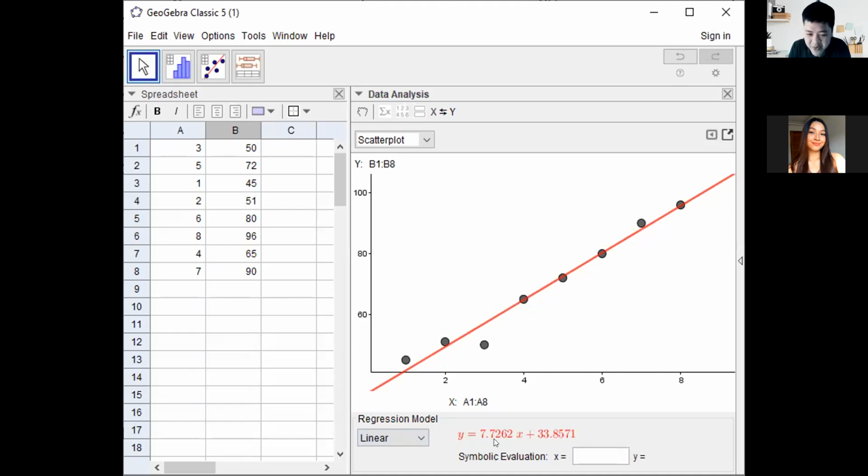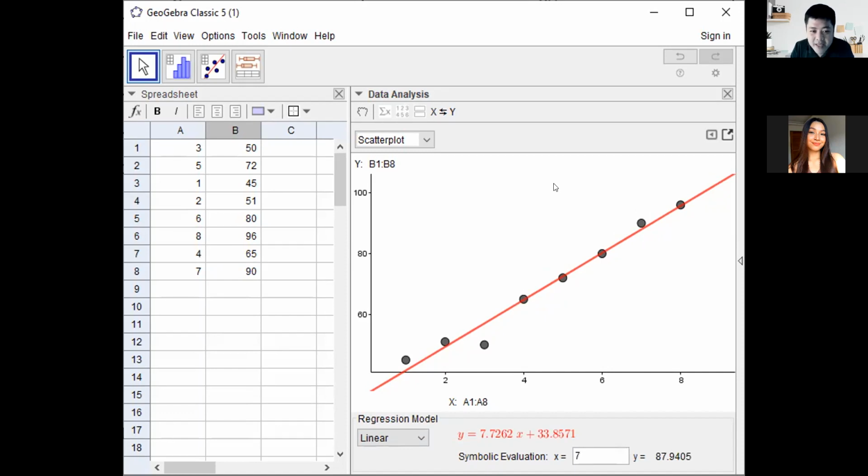Y equals 7.7262, ito yung nakuha natin for the B, and then 33.8571, ito yung nakuha natin for A. And you can actually predict here, no? Ano yung pinredict natin? Si Agatha kung nag-aral siya for 7 hours. So let's see. Yeah, 87.9405.